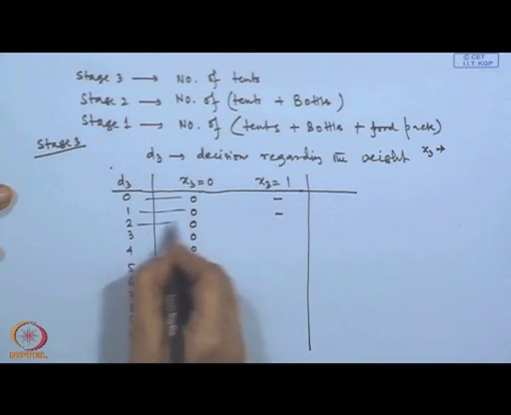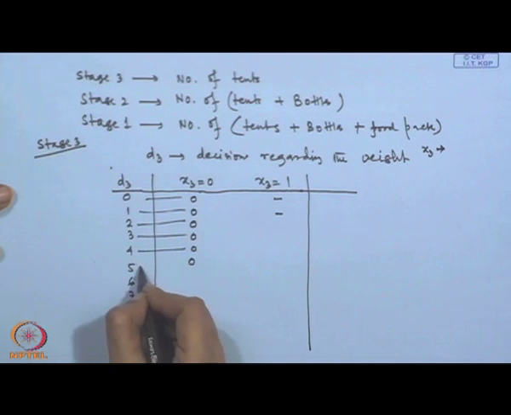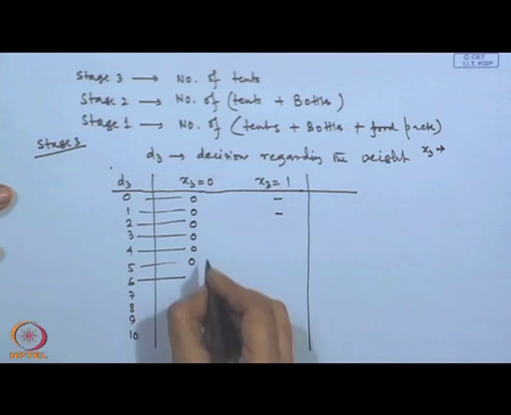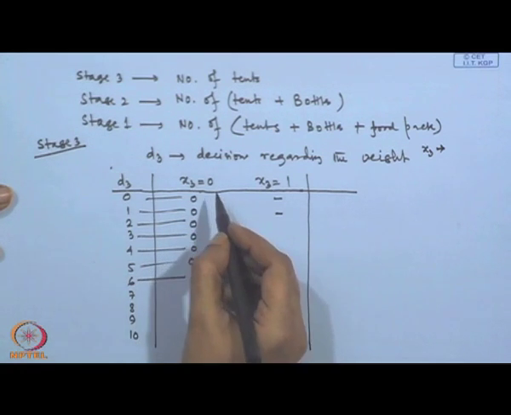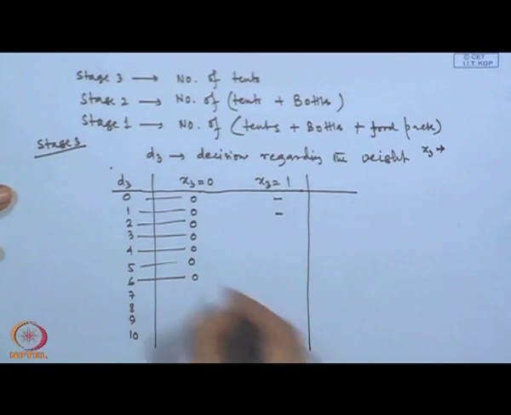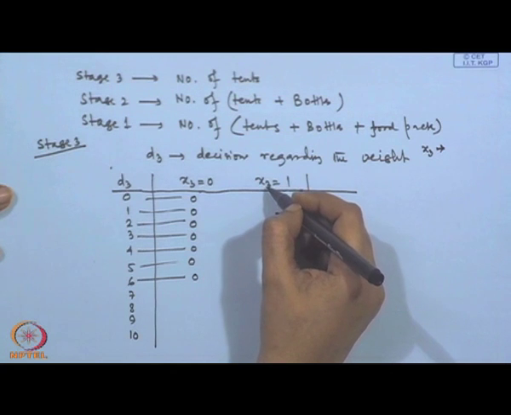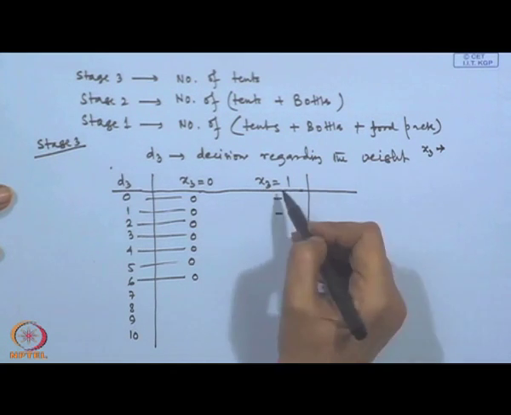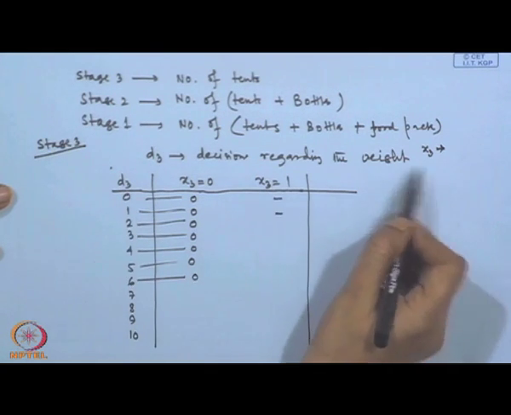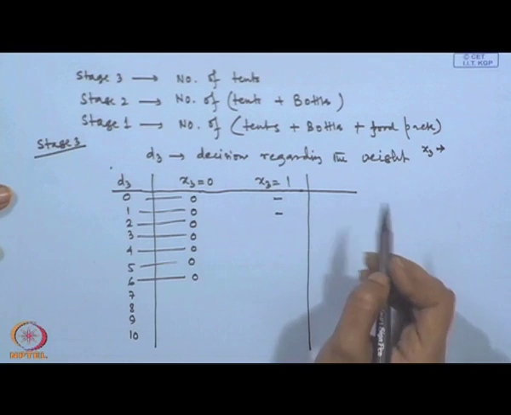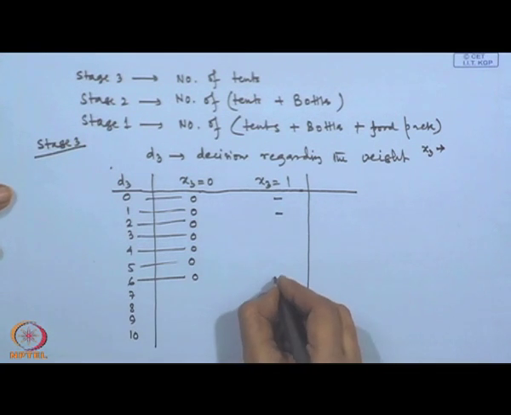If I just move 0, 1, 2, 3, 4, 5, and if I move to 6, then what is the value for x3 equal to 0? That is 0. But if I consider that we are suggesting one tent for her, then D3 is 6 kg, that means the decision regarding the weight in the knapsack is 6 kgs, then what is the utility value?